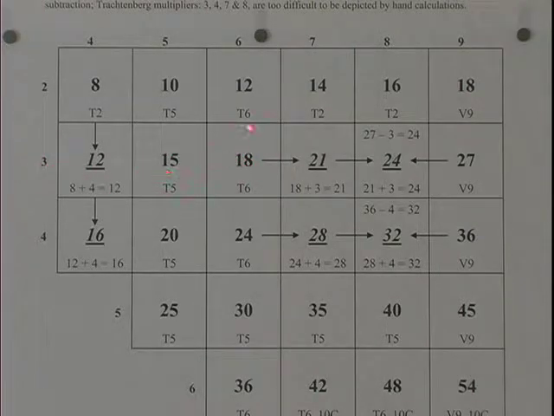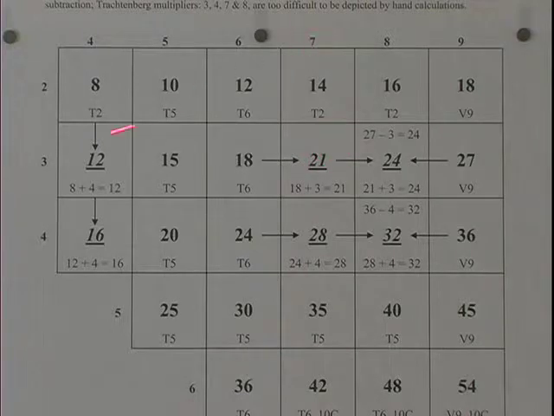Anyway, once I get this, 6 times 3 is 18. All I have to do to get 3 times 7 or 7 times 3 is add 3 to 18, I get 21.